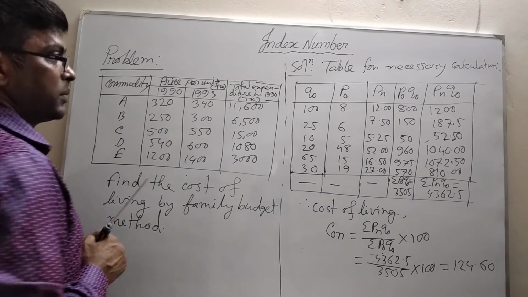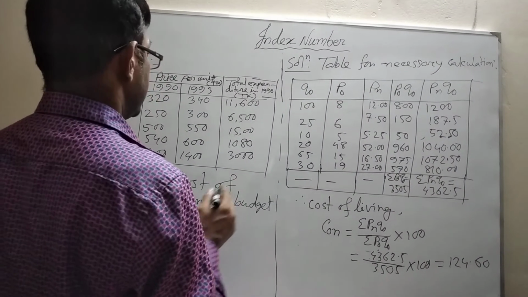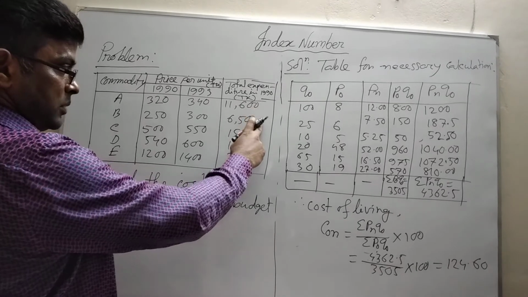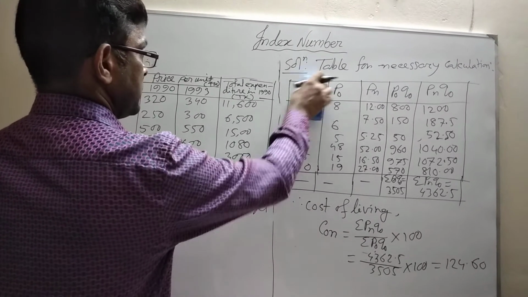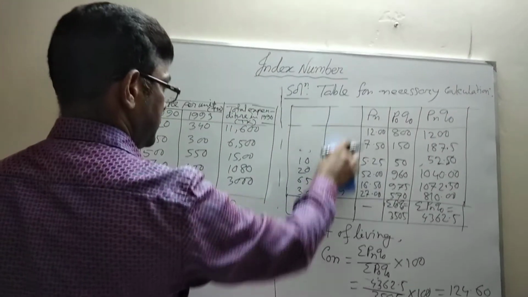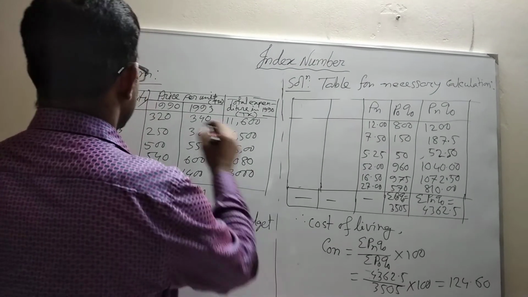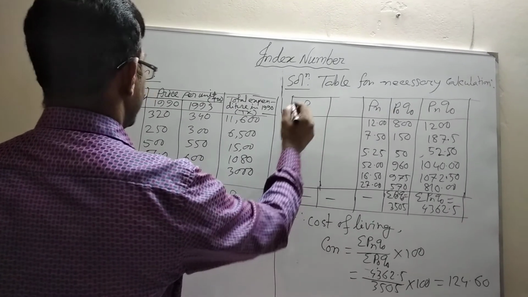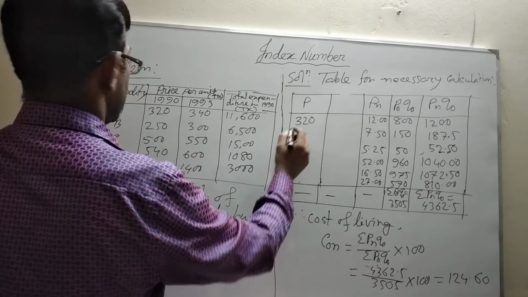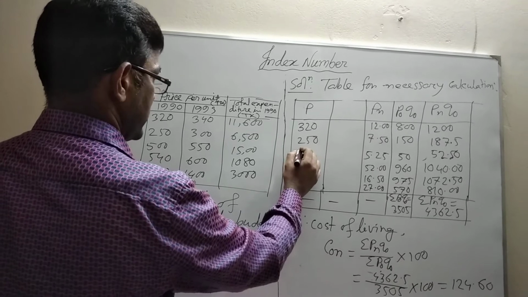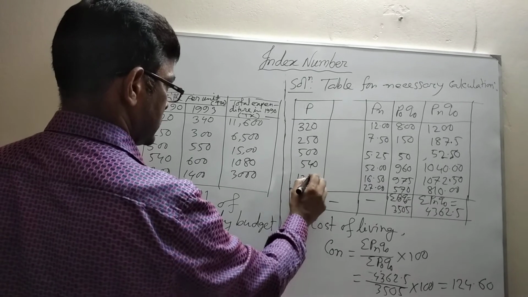Solution: table for necessary calculation. Po, Pn, expenditure, that means W. Pn by Po. Po means 320, 250, 500, 540, 1200.